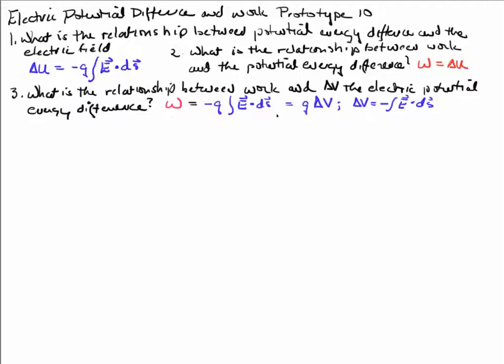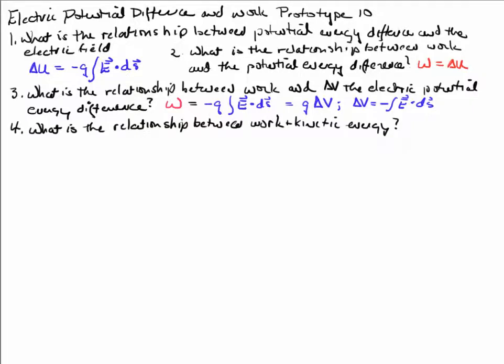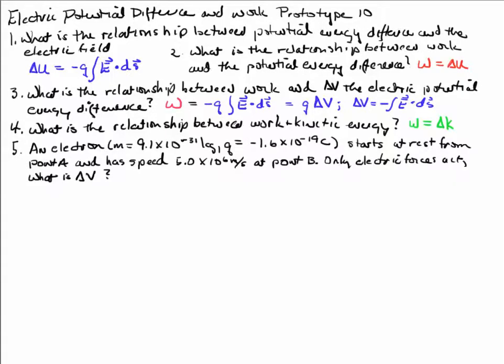And we identify the electric potential difference as minus the integral E dot ds. Now, what is the relationship between work and kinetic energy? Of course, work is equal to change in kinetic energy.